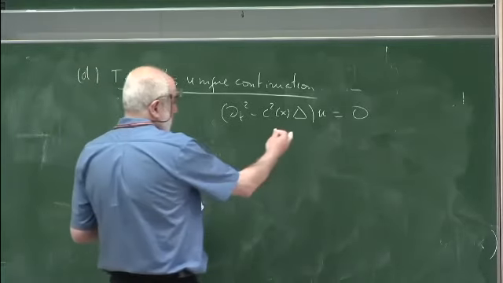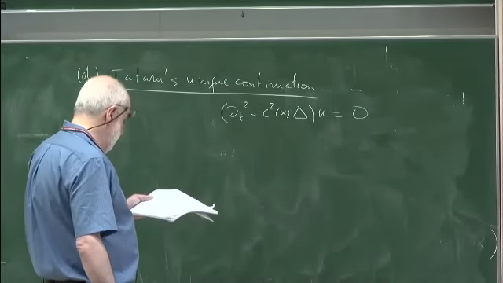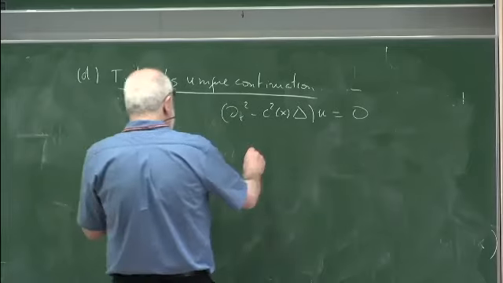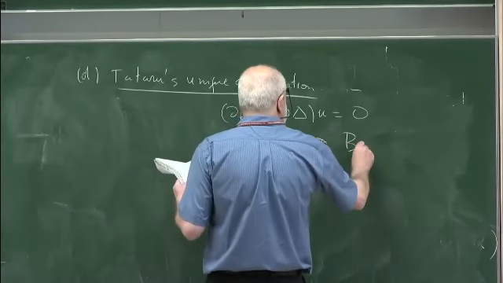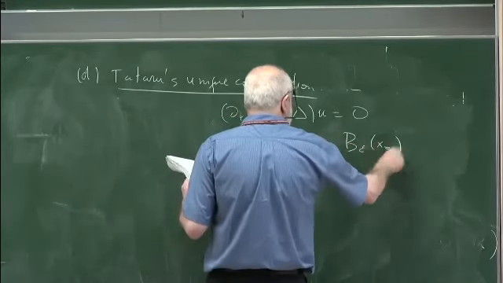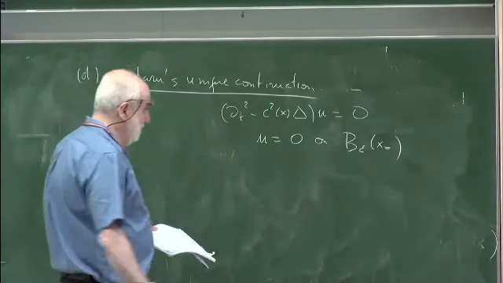And u needs to have very little regularity. Even a distribution is enough. And suppose u is 0 on the ball with center x0 and radius epsilon cross time.